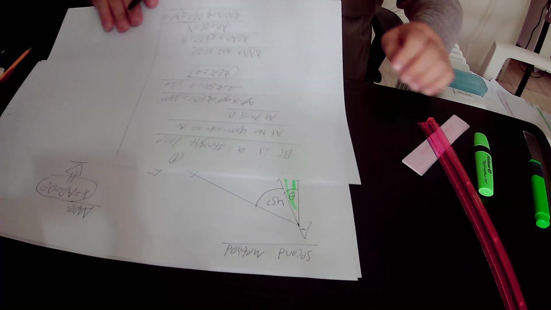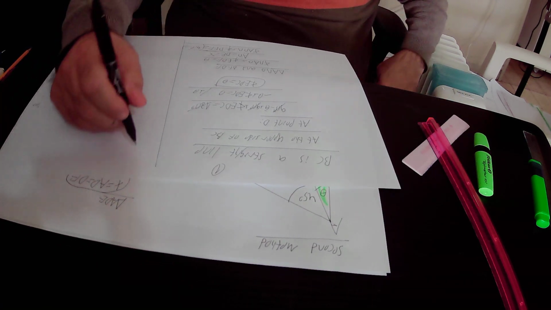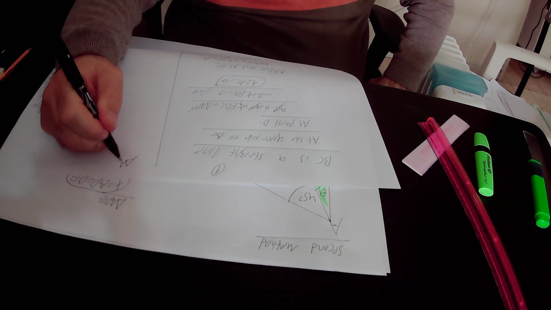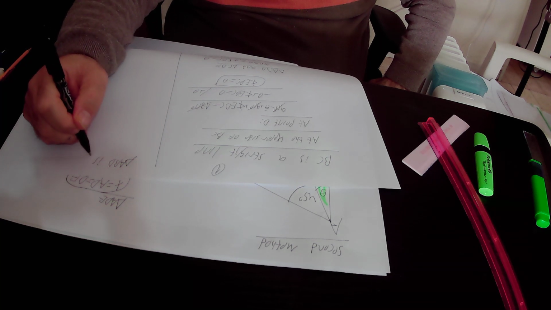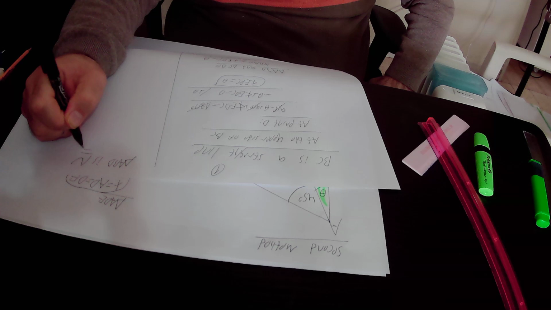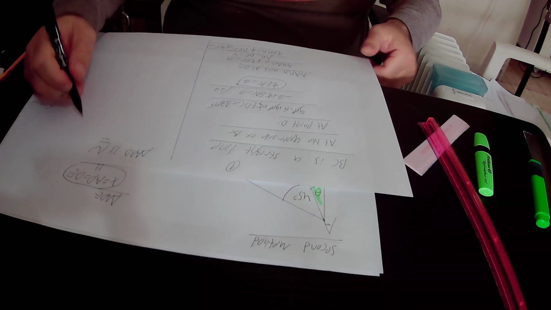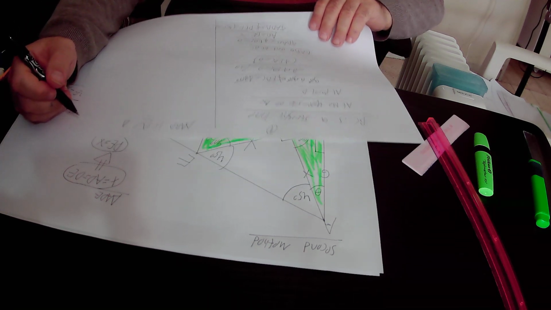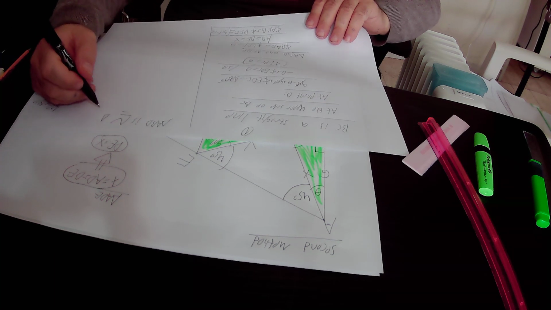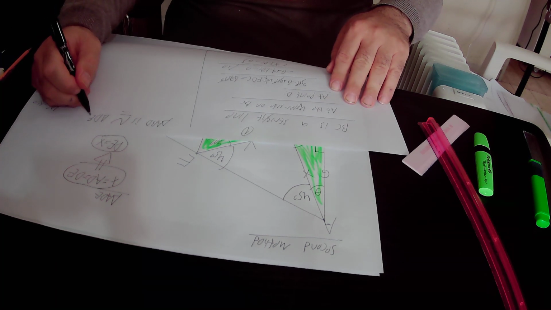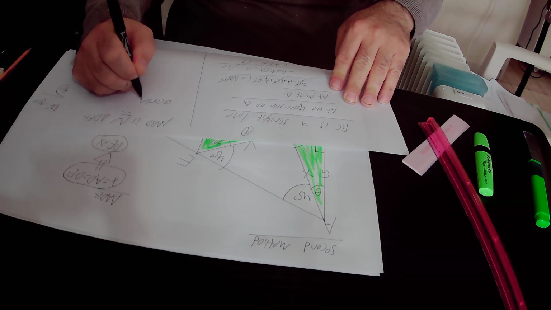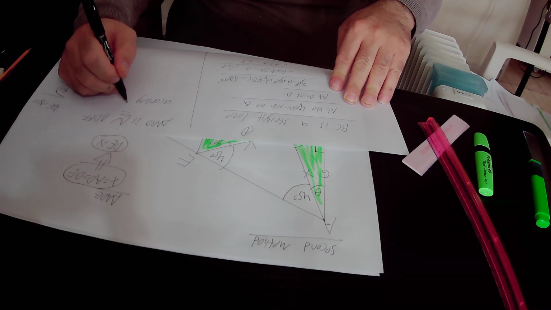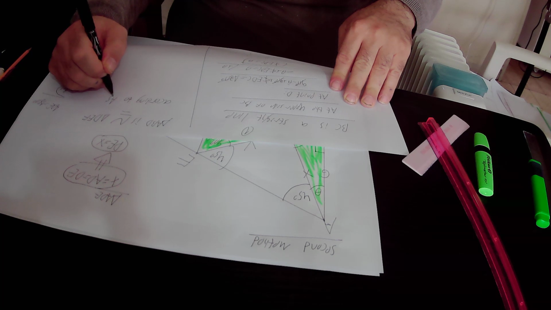Actually, triangle ABD is congruent, this is the sign of congruent, to triangle DEF according to angle side angle rule.